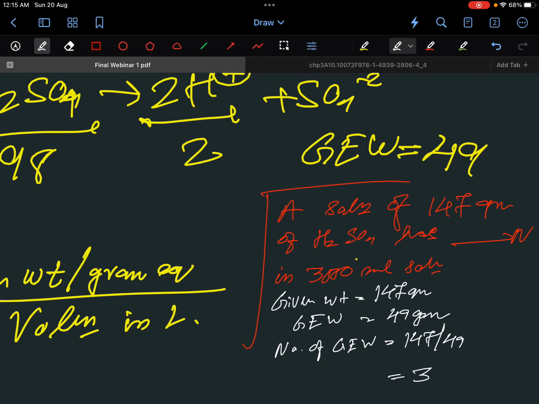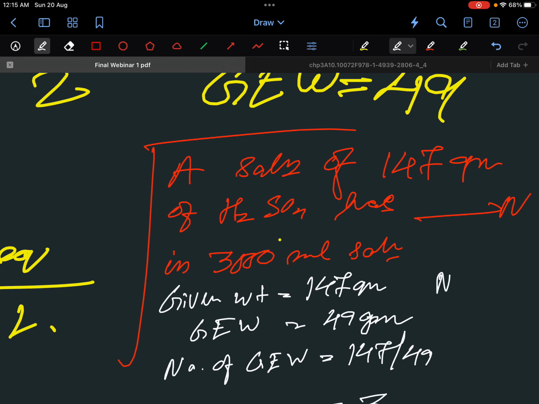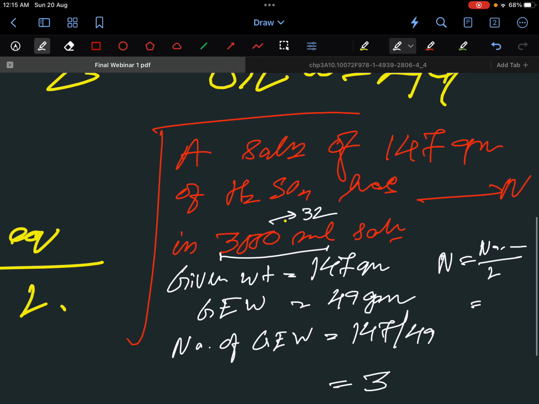Now what is the value of normality? Normality is equal to number of gram equivalent divided by volume of solution in liter. 3000 ml is equal to 3 liters. So 3 divided by 3 is 1 normal. So the answer is 1. If 147 gram of H2SO4 is dissolved in 3000 ml, the concentration will be 1 normal.